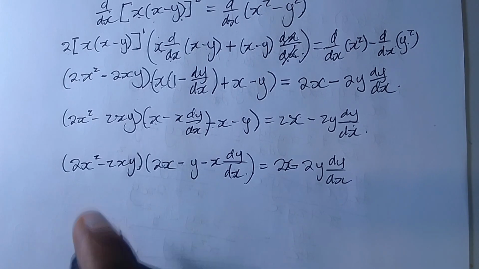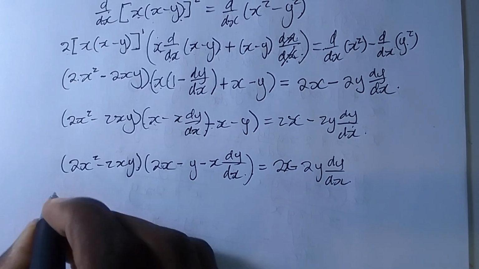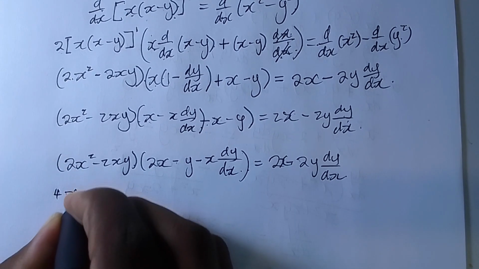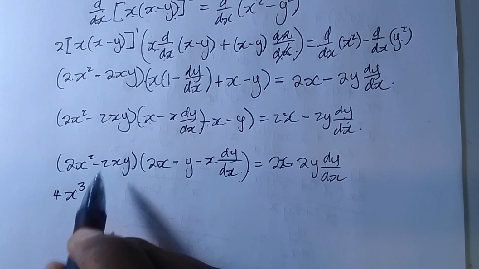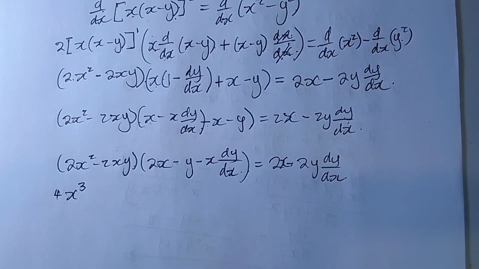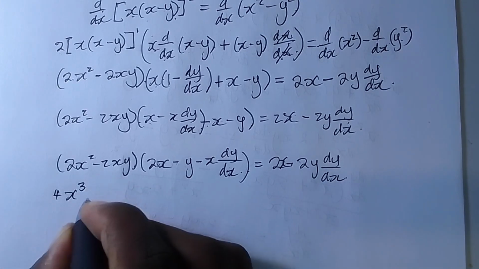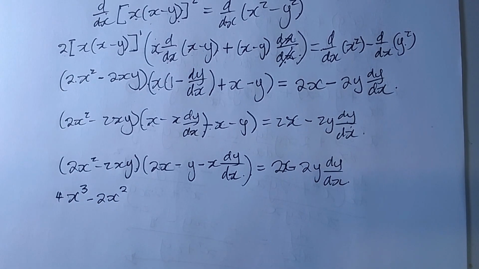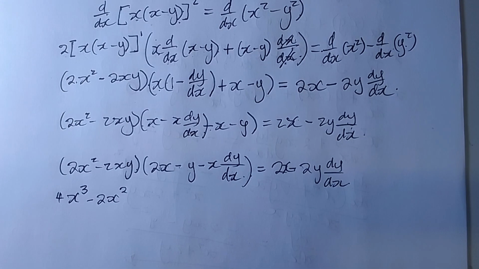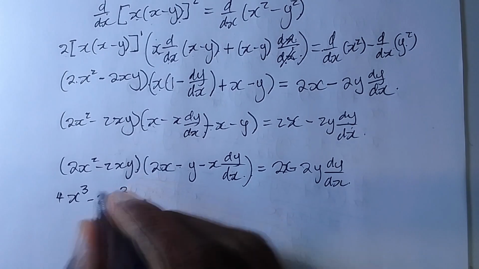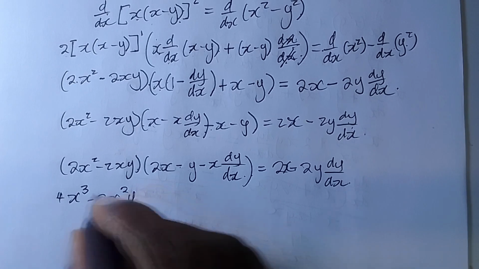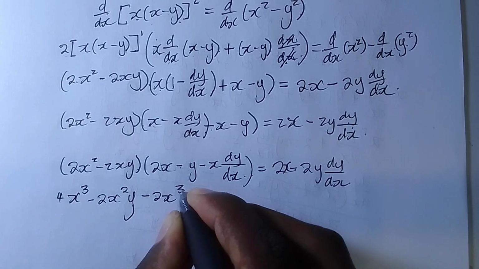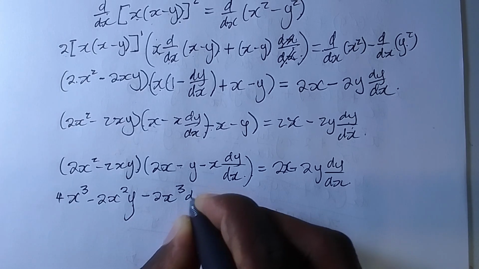We distribute, we have x this times this, which gives us 4x to the third power. This times this gives us 2x squared y minus 2x cubed dy/dx.